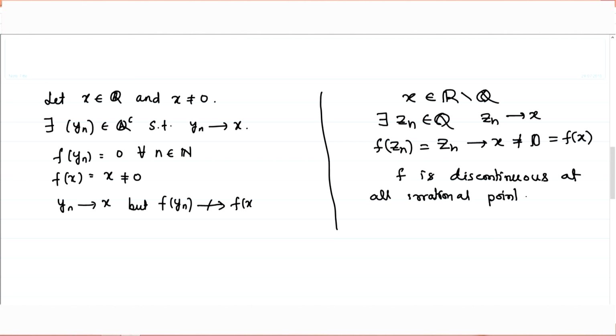That means from collecting 1, 2, 3, we are getting that f is discontinuous on the whole real line except 0.